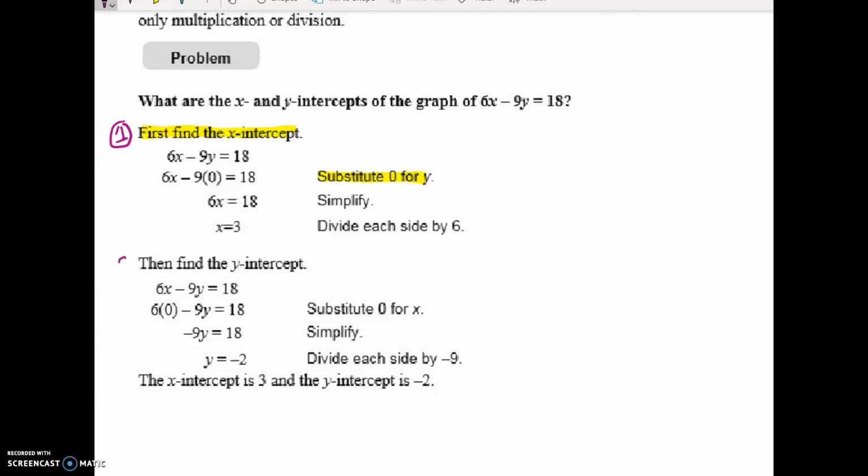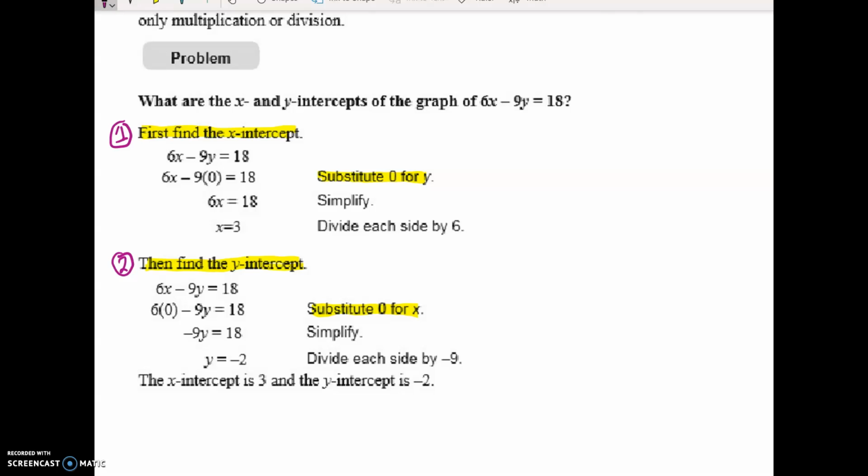Then the second step is we want to solve for the y-intercept. So again, we're going to substitute 0, but this time we're going to substitute it in for x. So now the x cancels. Now we're left with a one variable equation with y, and we can solve for y.